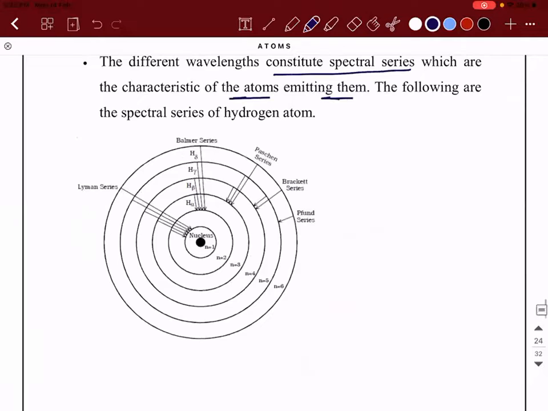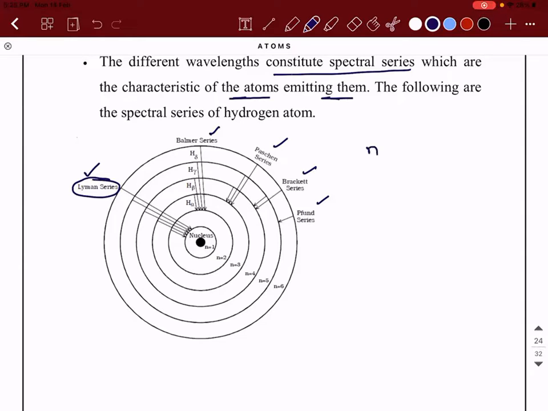The following are the spectral series of the hydrogen atom that we can think of. One is the Lyman series, second is the Balmer series, Paschen, Brackett, and Pfund series. So you have already heard these things. What is the Lyman series? The Lyman series is where an electron jumps from a higher orbit and always ends up landing at the first orbit of that particular atom.